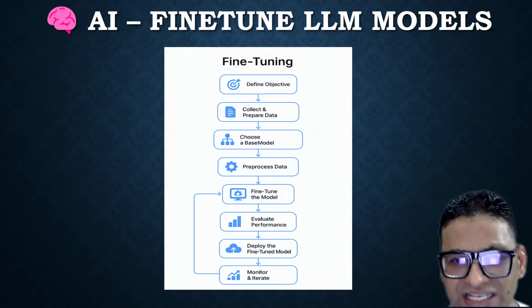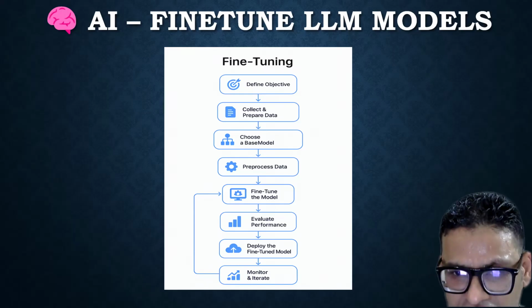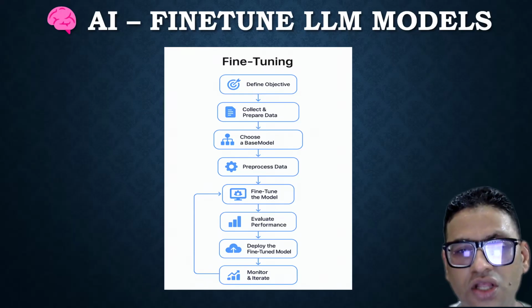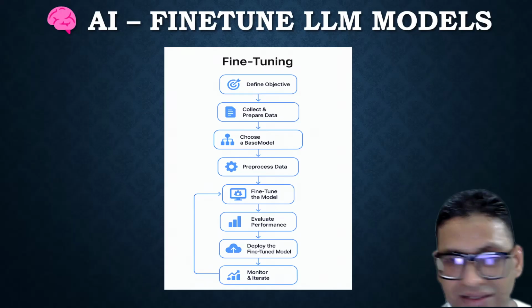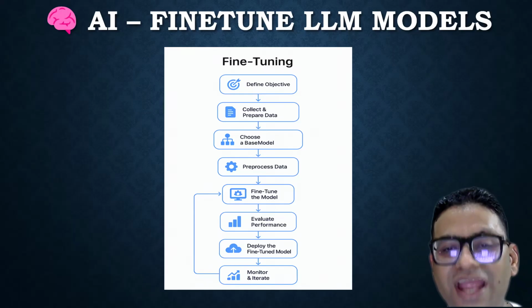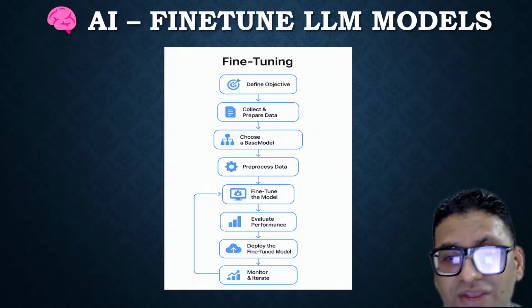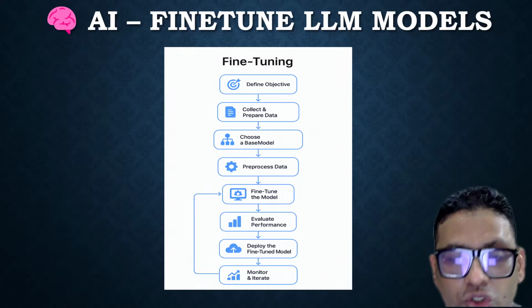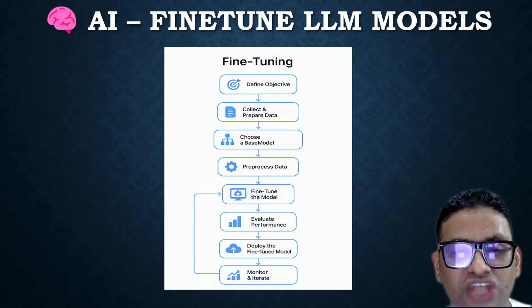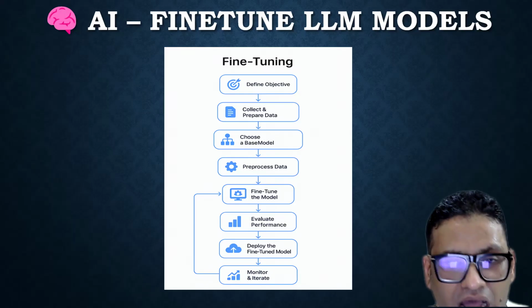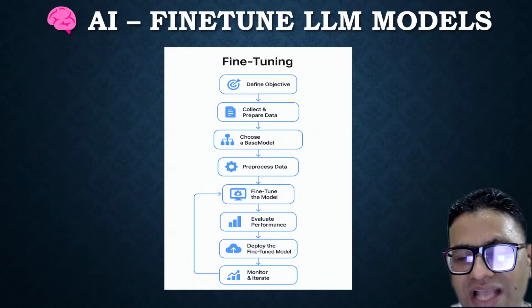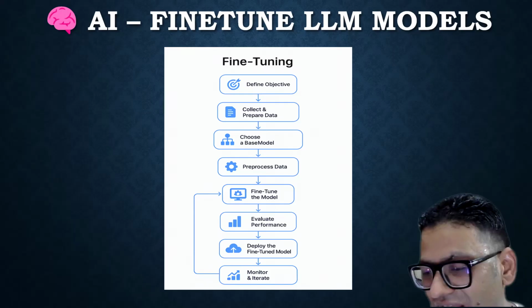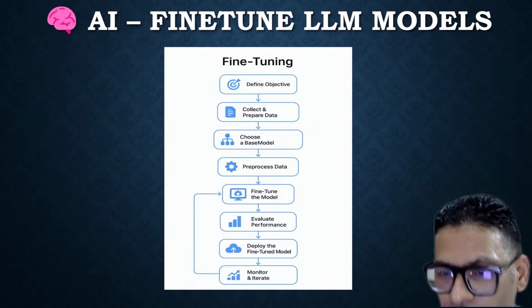Once we have that base model decided, then we do pre-processing of data, because the data which we prepare, we cannot directly feed to the base model. So we have to use some tools to change that data which we have collected into a specific format through which the large language model can be fine-tuned.